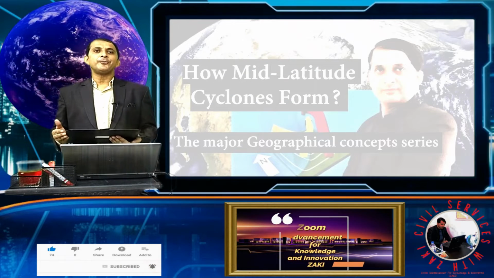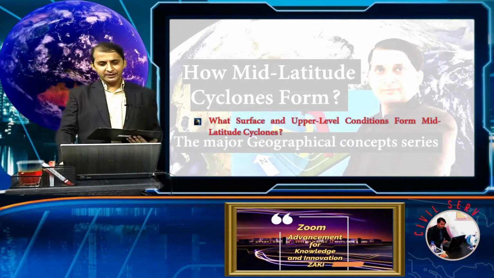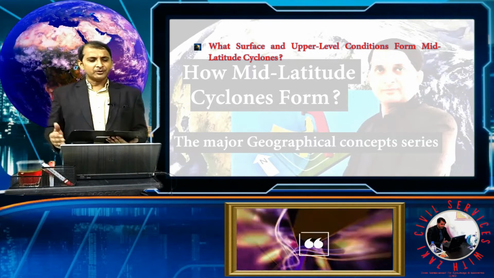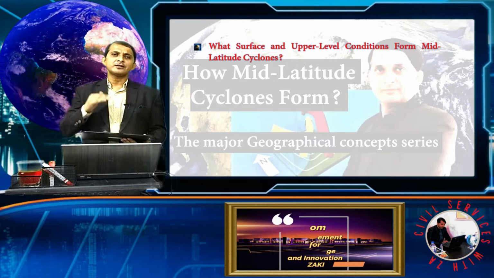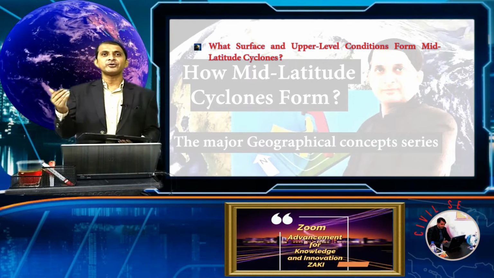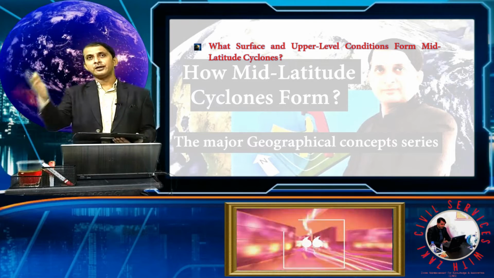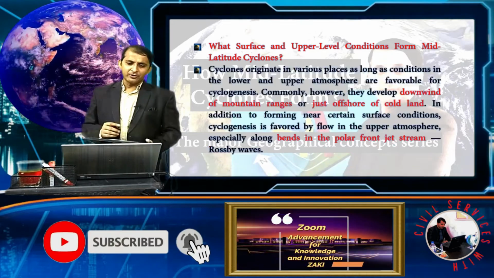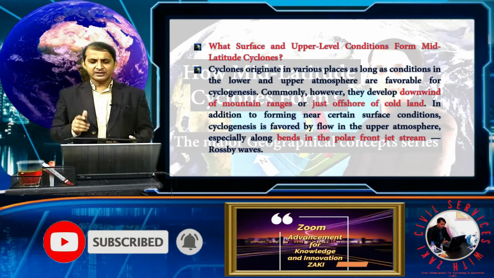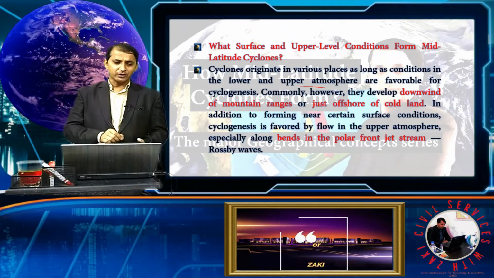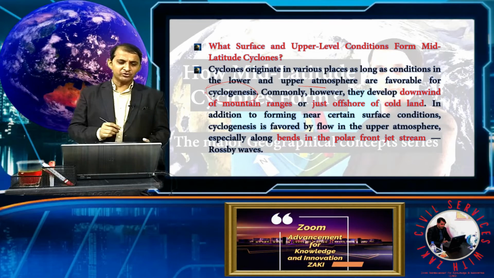So we move forward and see the next topic. What surface and upper layer conditions form mid-latitude cyclones? Cyclones originate in various places where conditions in the lower and upper atmosphere are favorable for cyclogenesis.